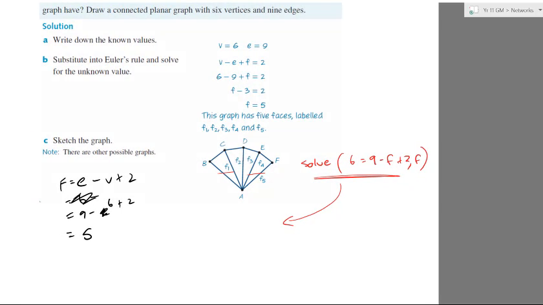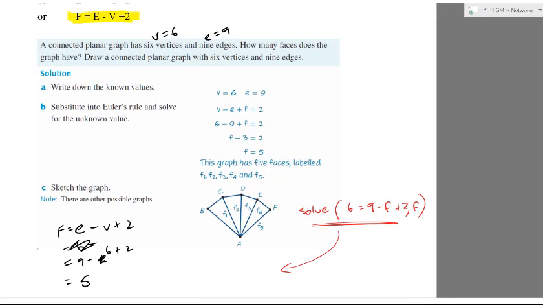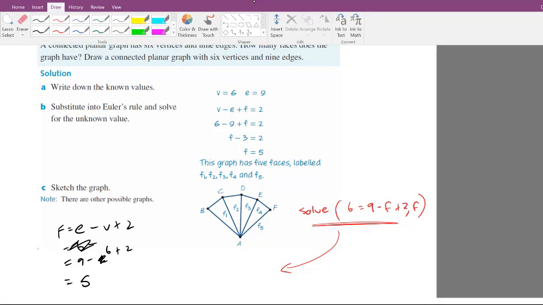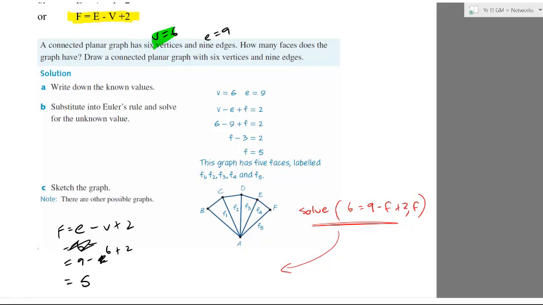And this graph is one such that it fits the information that we were given, right? There are 6 vertices, 1, 2, 3, 4, 5, 6. There are 9 edges, 1, 2, 3, 4, 5, 6, 7, 8, 9.